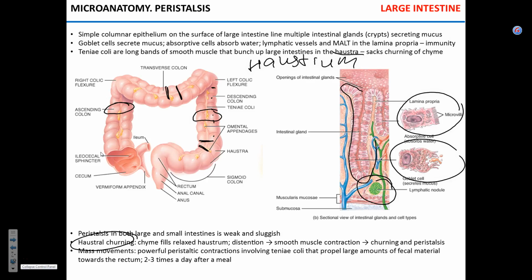So these powerful peristaltic movements move the chyme, feces, towards the rectum. Okay, so it propels them and accumulates them in the sigmoid colon. Okay, does that make sense? Now, that happens after the meal. You eat something and in like 20-30 minutes you have an urge to go to the restroom.